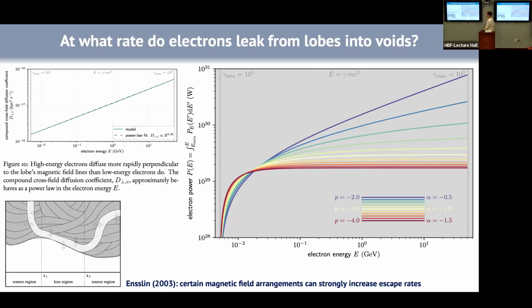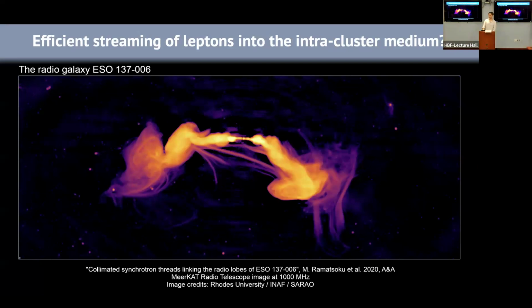You can have a more efficient escape of electrons and positrons from the lobe if, under some configurations of the field lines of the lobe, the field line goes from within the lobe to the outskirts, then it's easy for the particles to diffuse out into the voids. So that's an uncertainty there.